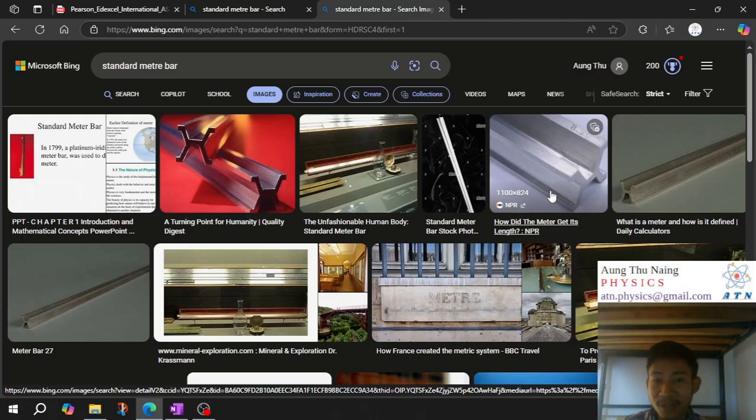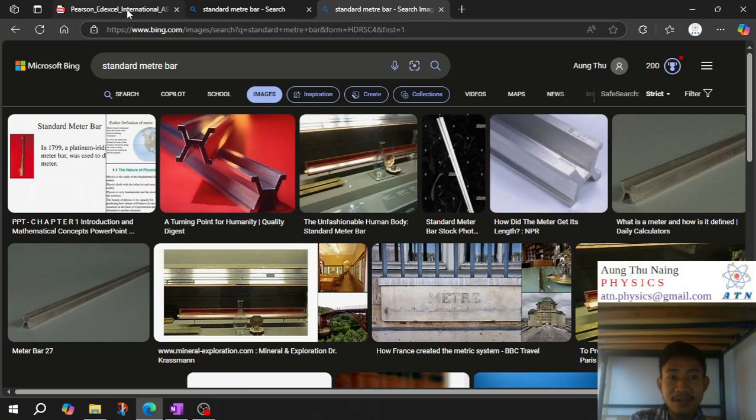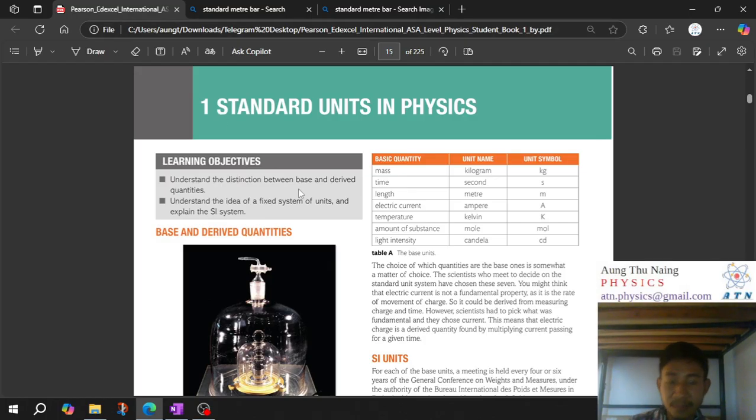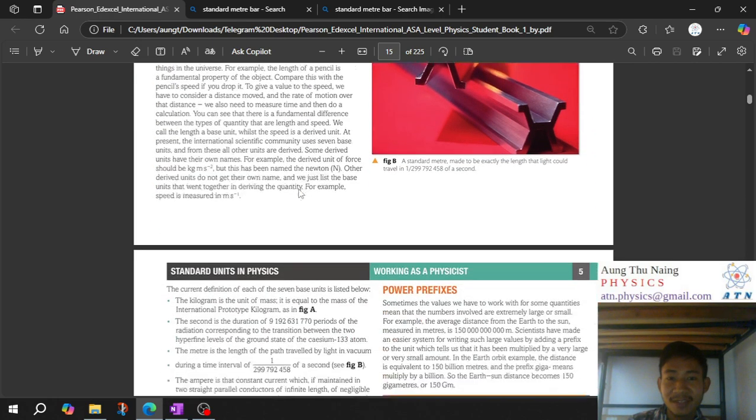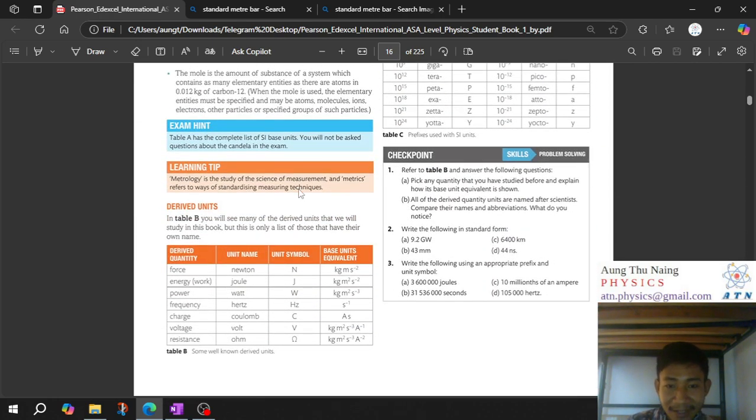So in physics, we must use very accurate units to get accurate measurements. These are SI units. Therefore, we will use SI units only in this textbook. So I will skip this topic, and you should learn it yourself.